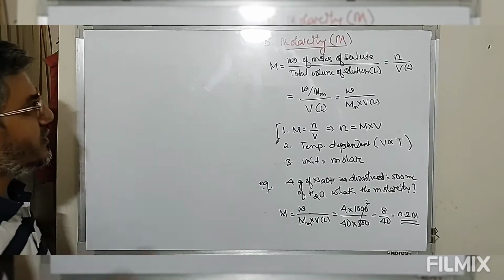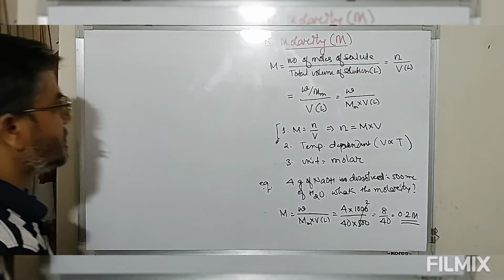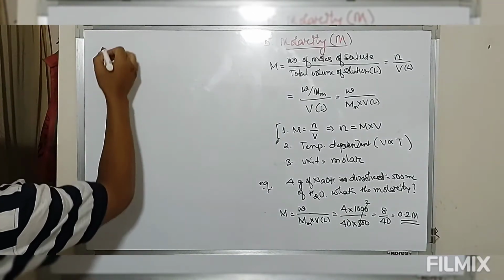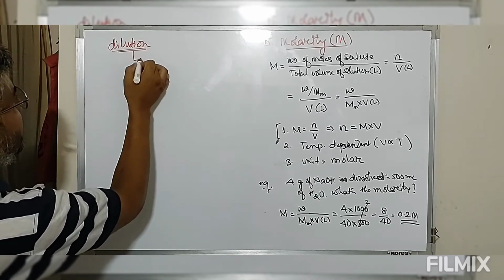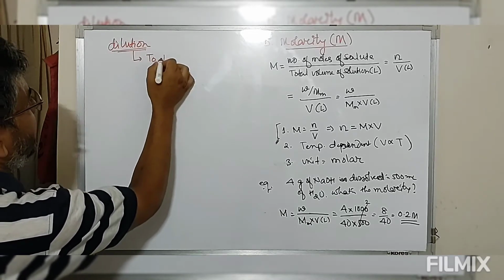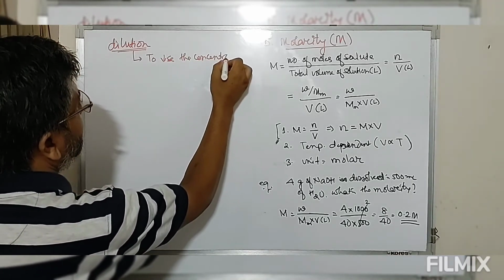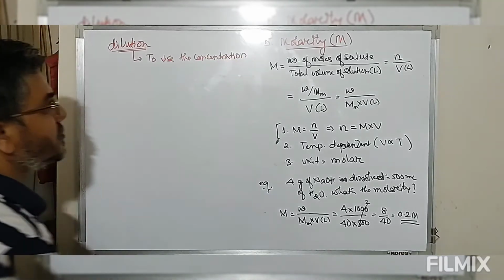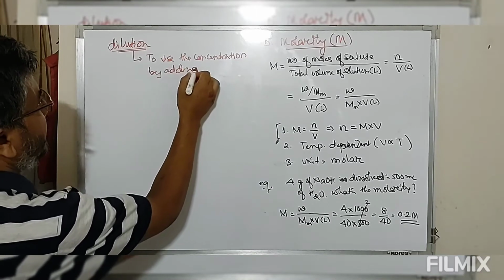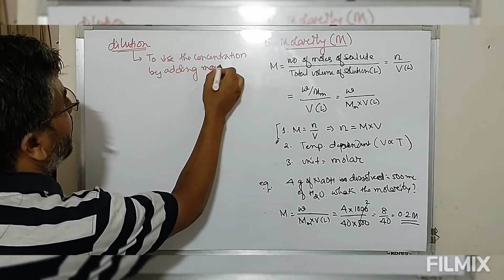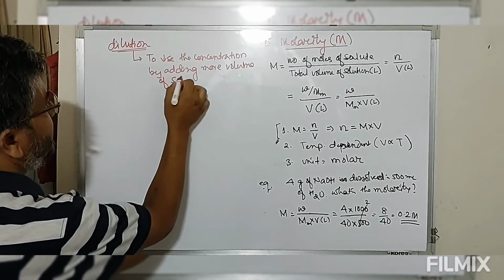Some more related to molarity. Now, we have a process known as dilution. Dilution means to decrease the concentration by adding more volume of solvent.